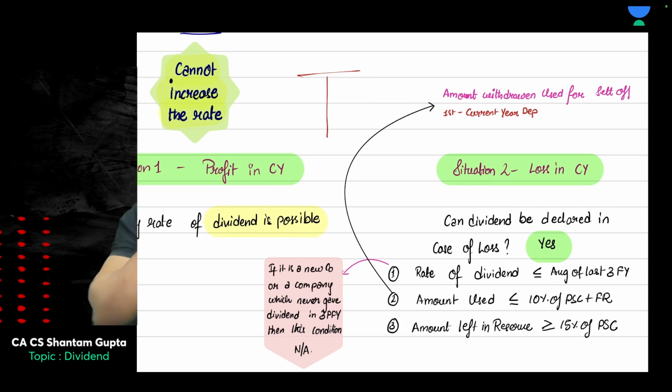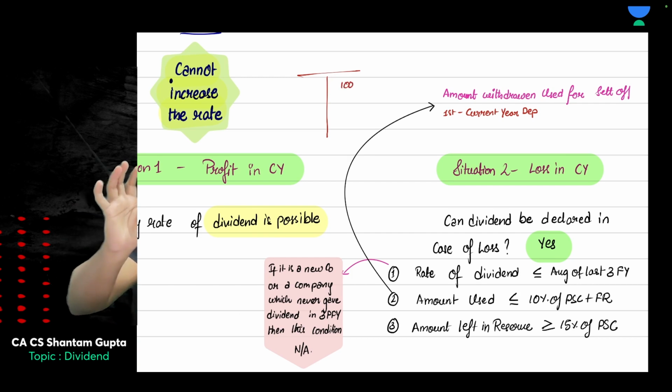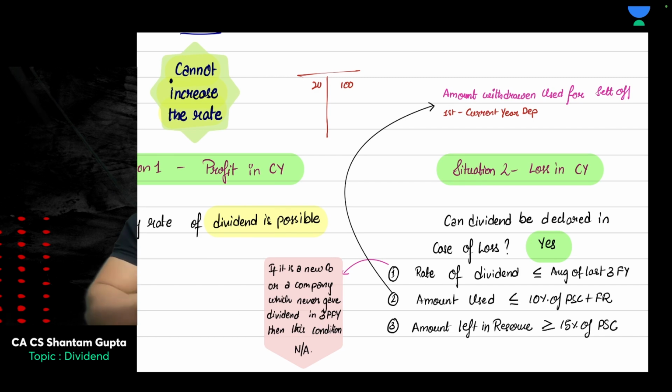This is your P&L, right? Let's say your income is 100 lakh and depreciation was 20. And all other expenses are 40, 60, 30, like this.